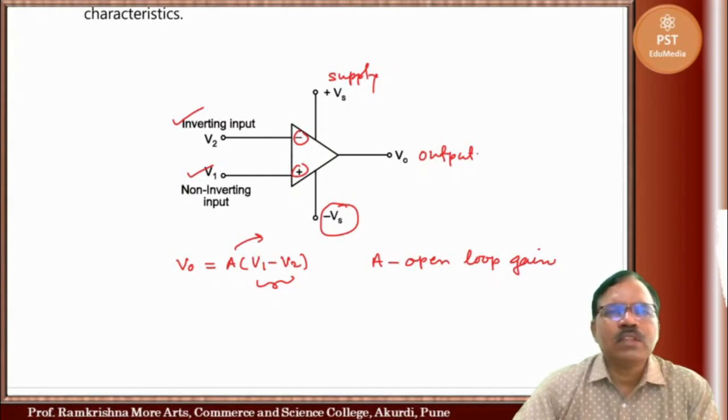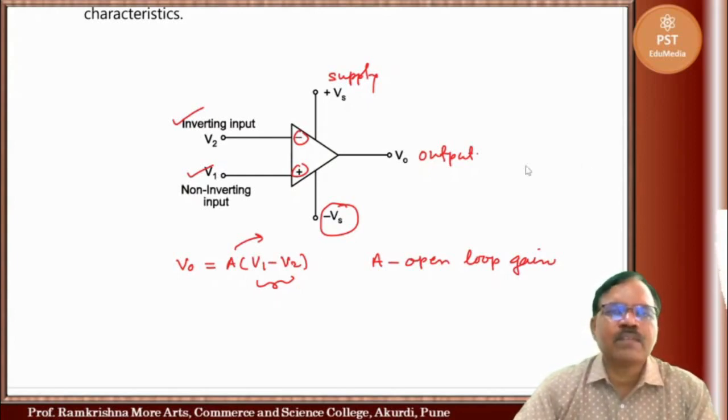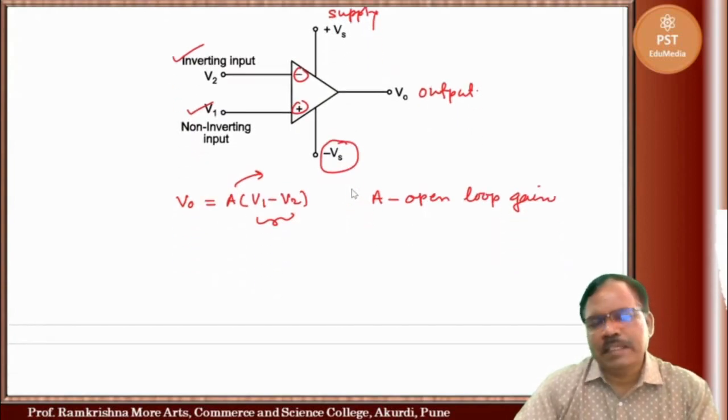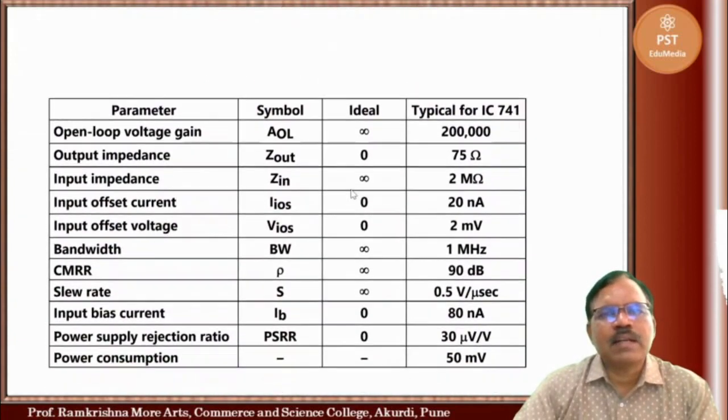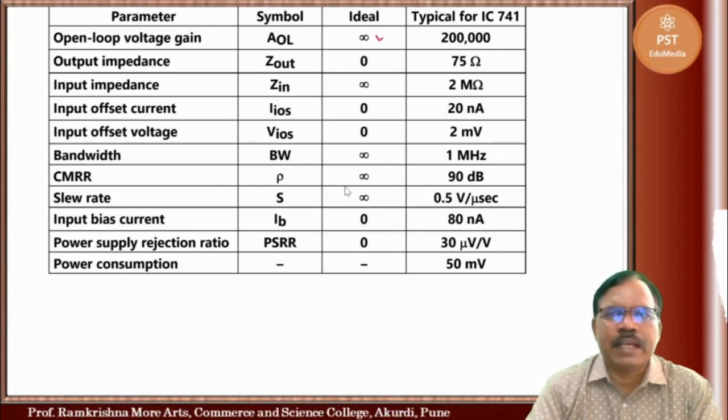Now this operational amplifier is an electronic device. It has some parameters, and what are those parameters? If we take an ideal operational amplifier, its open loop voltage gain must be infinite.